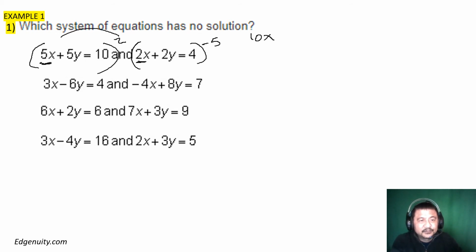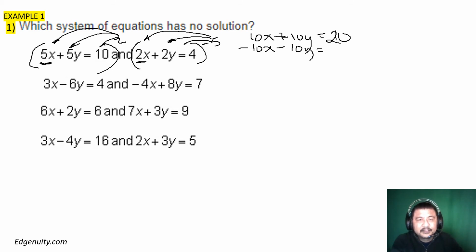10x, we're doing distributive now, plus 10y equals 10 times 2, 20. All right. So multiply each part. So you're going to be a negative 10x minus 10y equals negative 20.